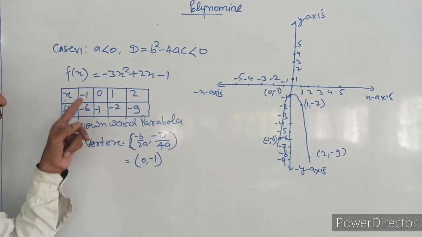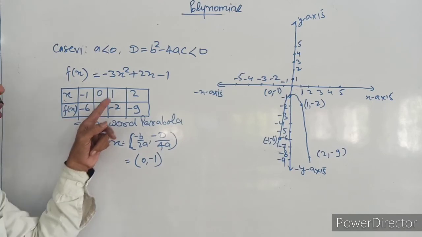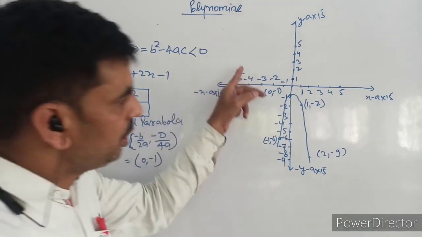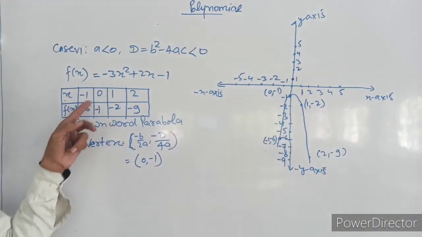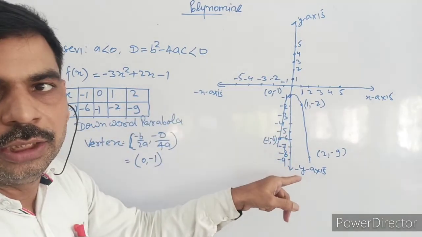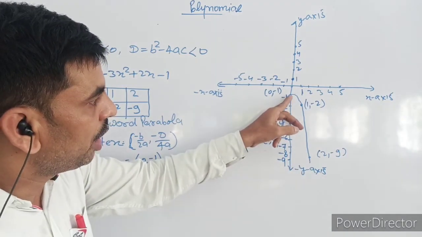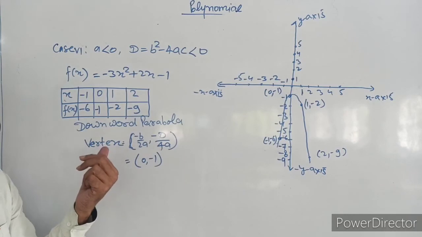Here -1, then we find -6. If we put 0, then we find -1; 1, then -2; 2, and -9. We plot these points on the graph. We find a downward graph, and the vertex is (0, -1), which we find from this.